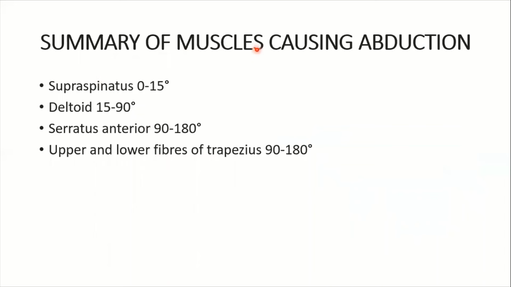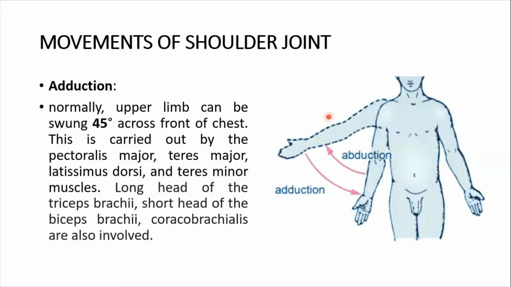So this is the summary of the muscles causing abduction. Supraspinatus is 0 to 15, deltoid is 15 to 90 degrees, and also the serratus anterior from 90 degrees to 180 degrees, and very important, upper and lower fibers of the trapezius 90 to 180 degrees. So now coming to the adduction, right?